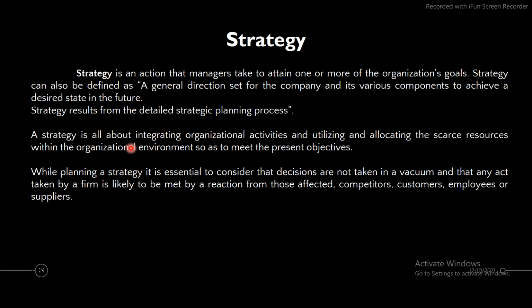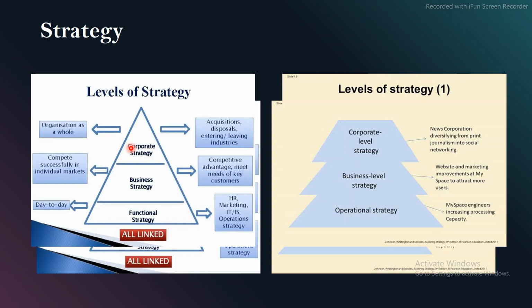Okay, so coming to strategy, there are different strategies. Maybe you have heard in the strategy class, there is something called functional level strategy: HR, marketing, operations, these all come under the functional strategy. So you look at the day-to-day operations, right? Then comes the business strategy: the competitive advantage, meeting the needs of the key customers.